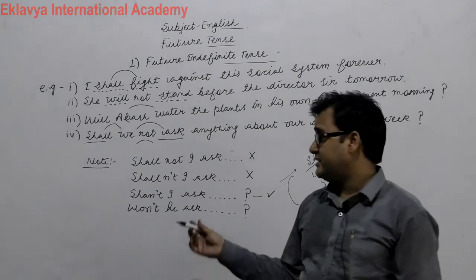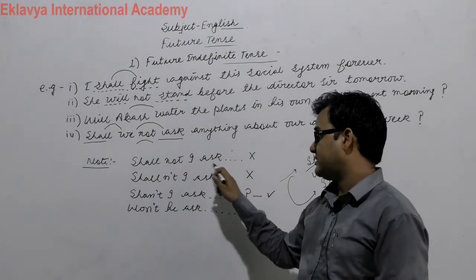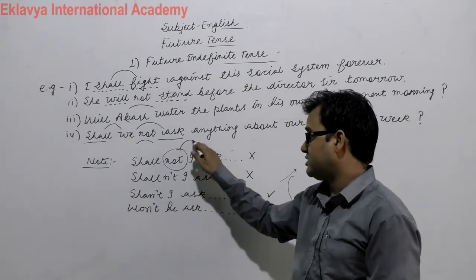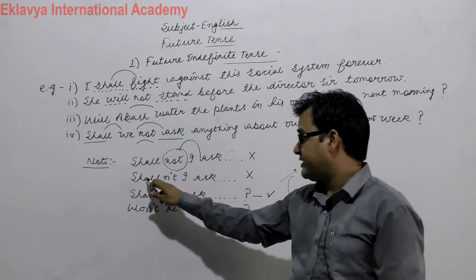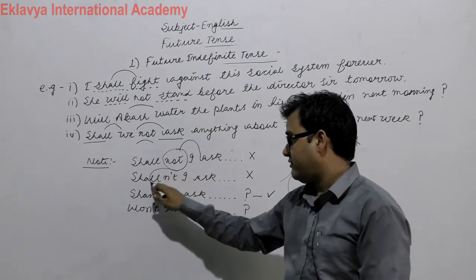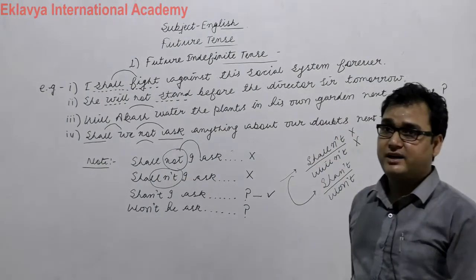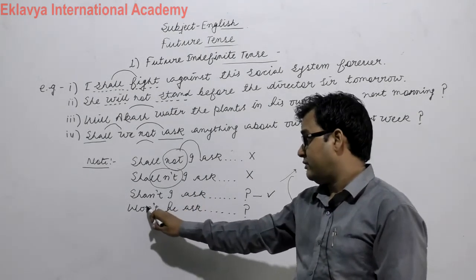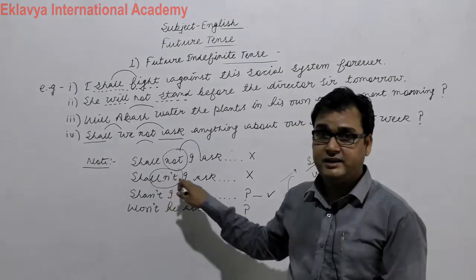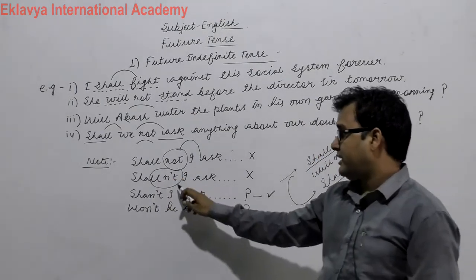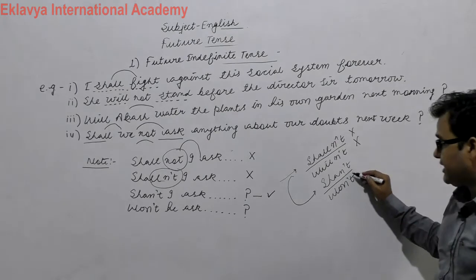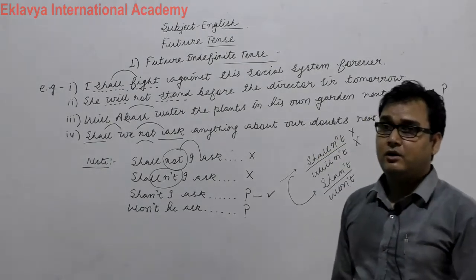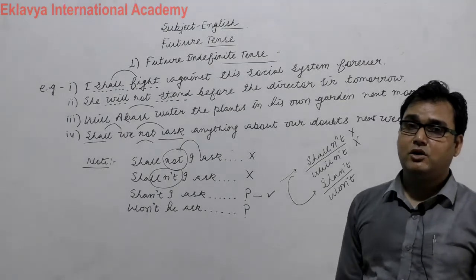If you are writing your sentence in negative form, shall not I ask is a wrong way to write, because not basically comes after your subject in full form. And we cannot write like shalln't or willn't. We will not write it this way. We'll write the right way, shan't and won't. The negative version of shall and will is shan't and won't, not shalln't and willn't.